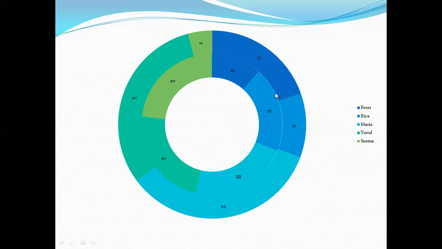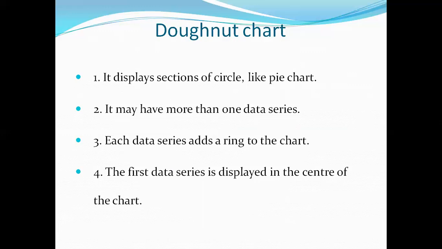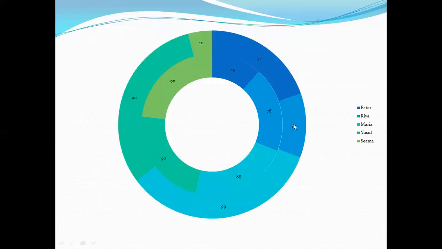If I increase one data series, one more ring will be added. The first data series is displayed in the center of the chart. This which is at the center is my first data series. This which is at the outer layer is my second data series. And if I try to add one more data series, the circle will be the outer layer of this.